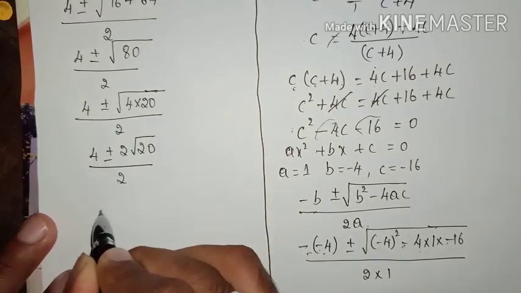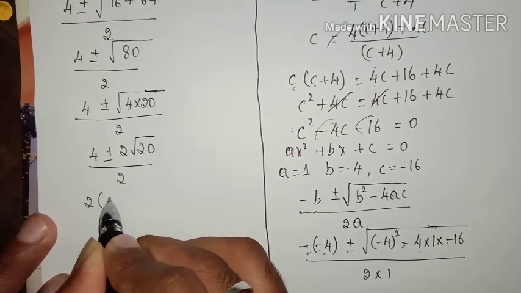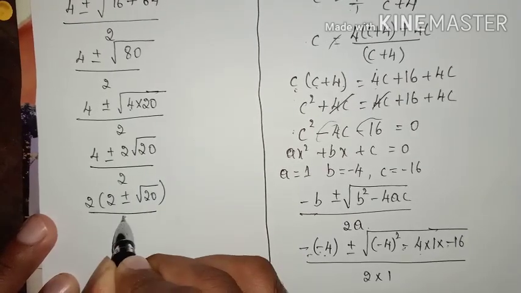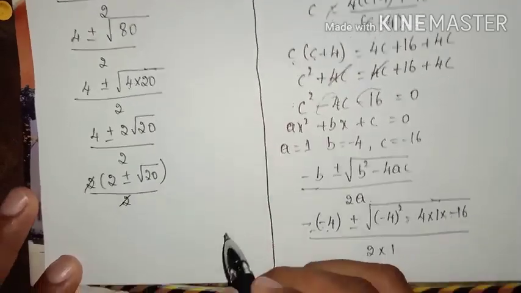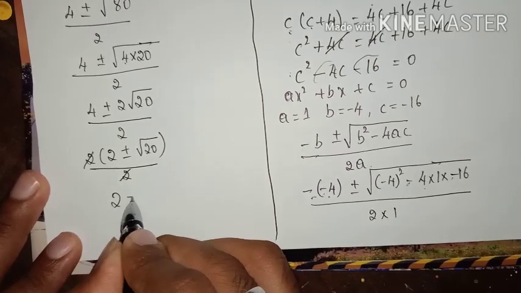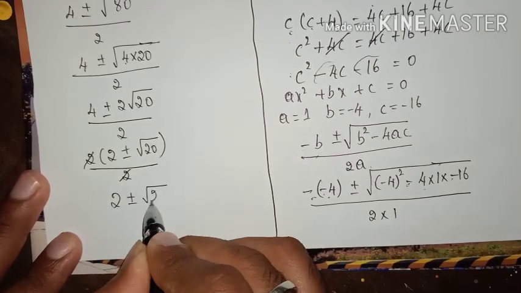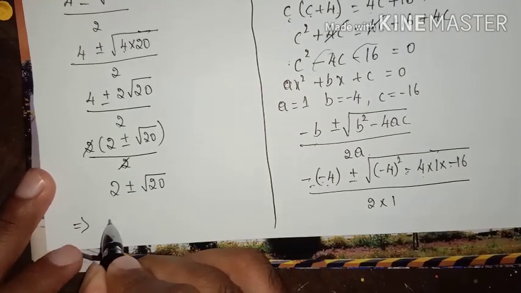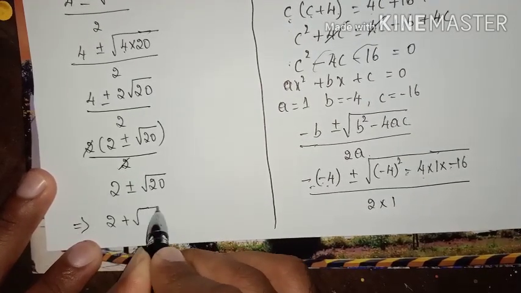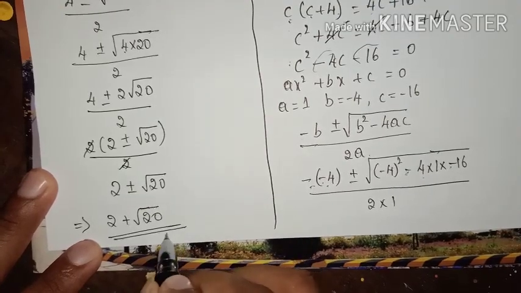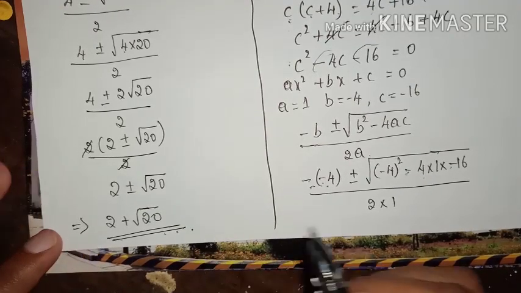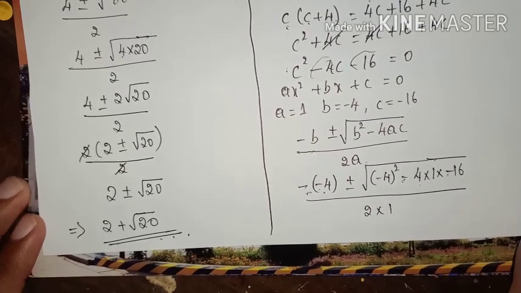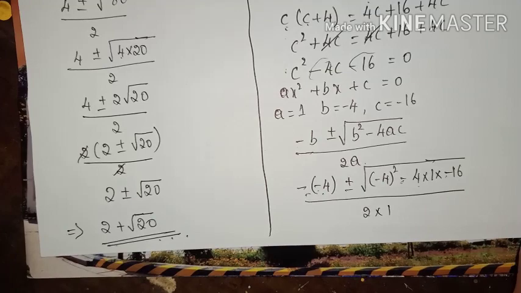I can take 2 as common over here, so 2 plus or minus square root of 20, then divided by 2, the 2 will get cancelled, so the answer is 2 plus or minus root 20. There will be no negative over here. So the answer is 2 plus root 20, the equivalent resistance of the given circuit. Understood? Yeah, okay. Thank you.